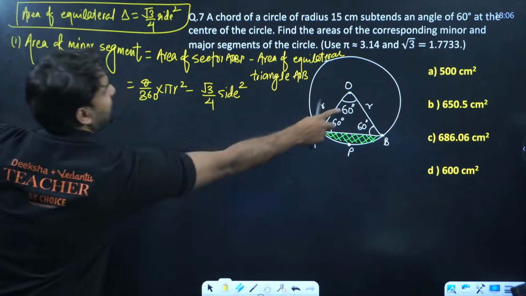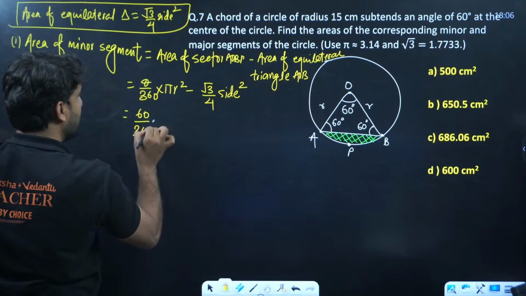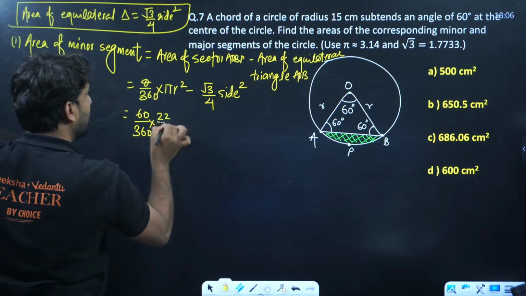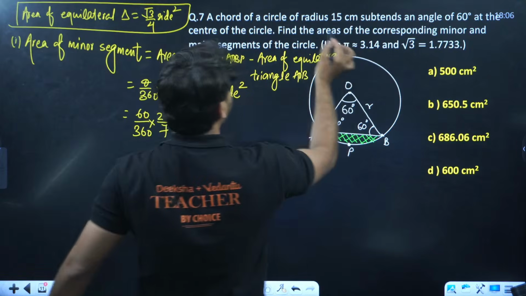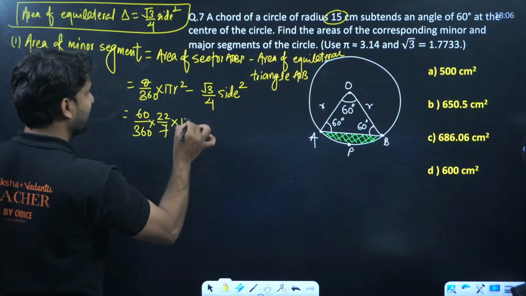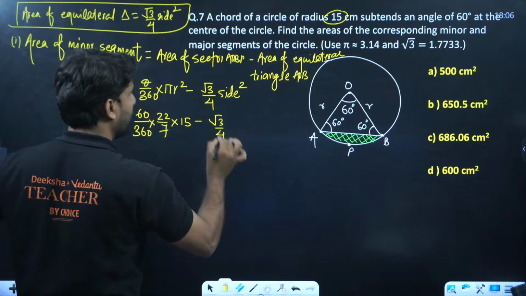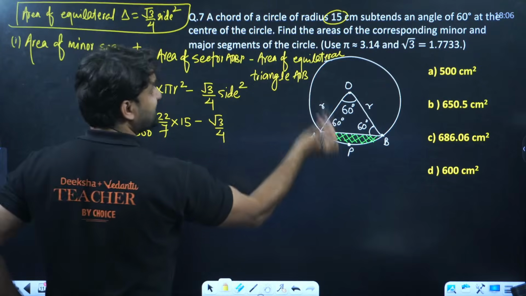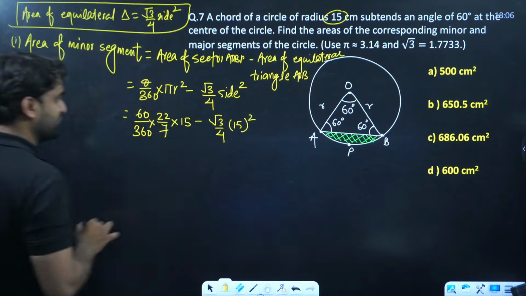So theta we have 60, so 60 divided by 360, pi is 22 by 7, and the radius of the circle is given as 15, minus root 3 by 4 into side square. Side is radius, and radius again we have 15 square. Let's solve this.